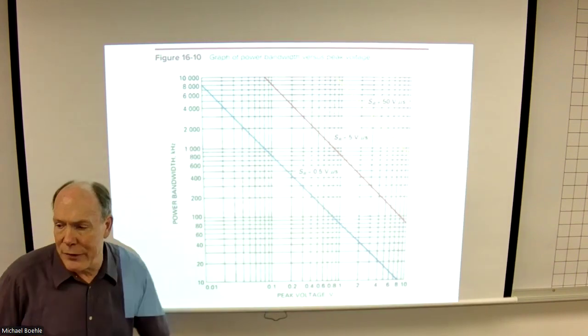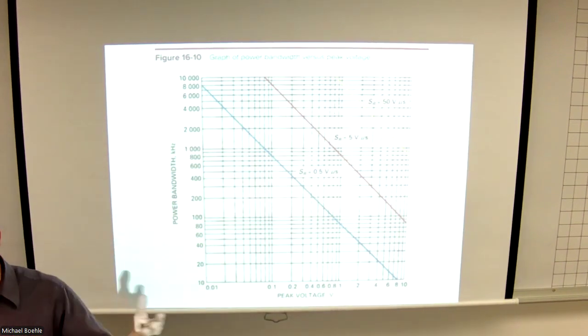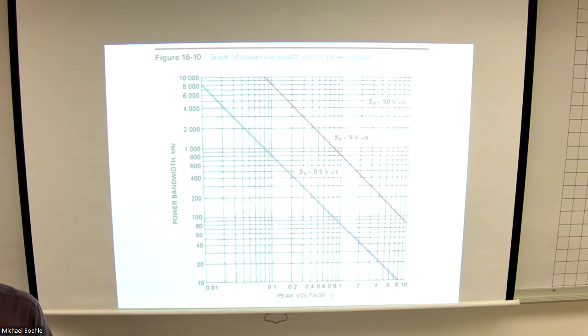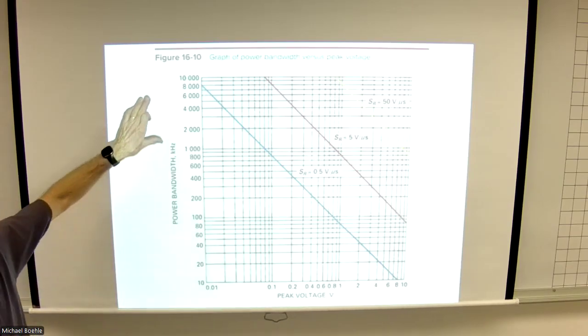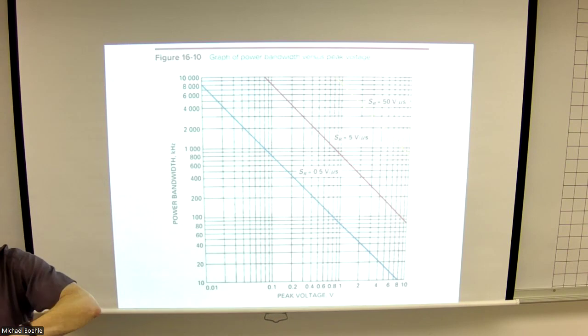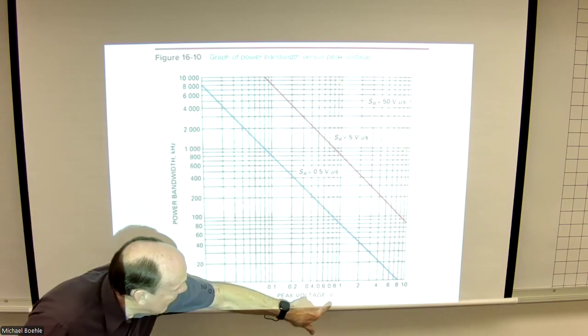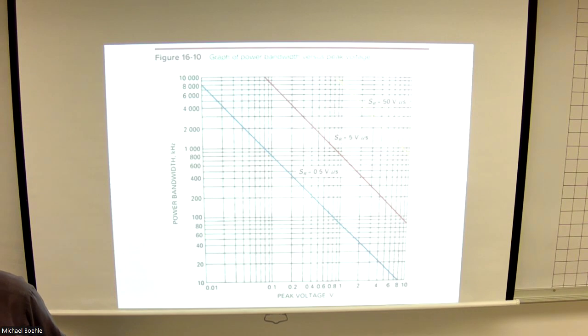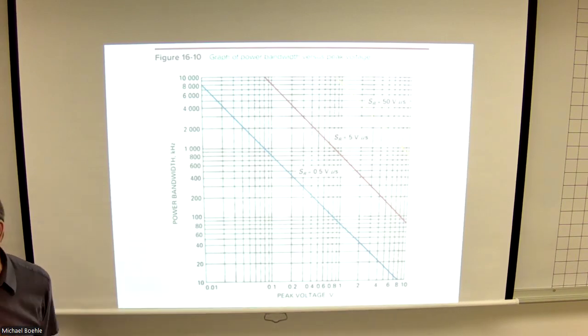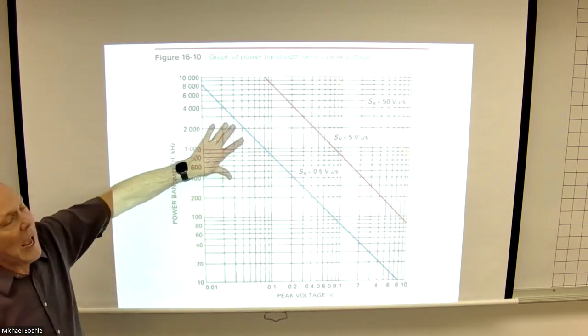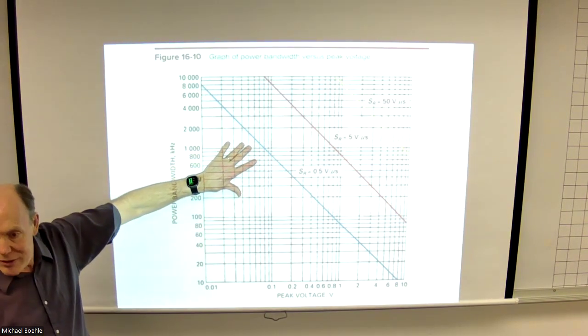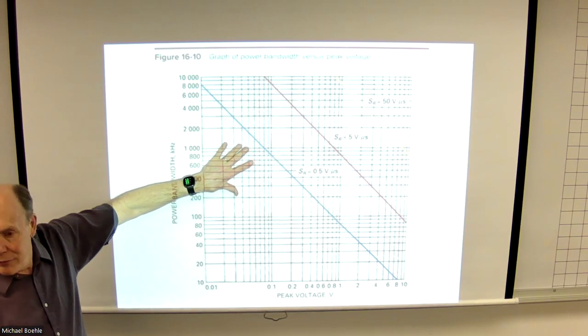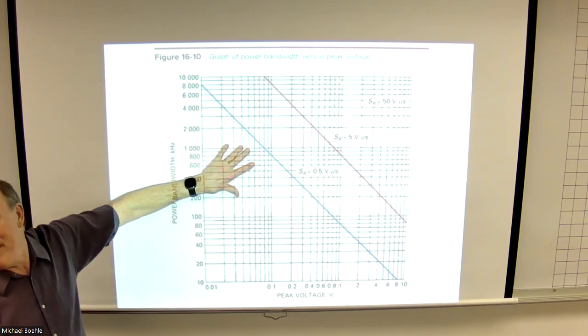So the power bandwidth. We've already talked about the concept of the upper cutoff frequency. That is, of course, just the gain of the amplifier. Power bandwidth is not just about frequency, it's also about the peak voltage you're trying to get out. So depending on what the gain of the amplifier is and what the input is, you may have an upper limit to the output from the op amp if you try to make it too big.